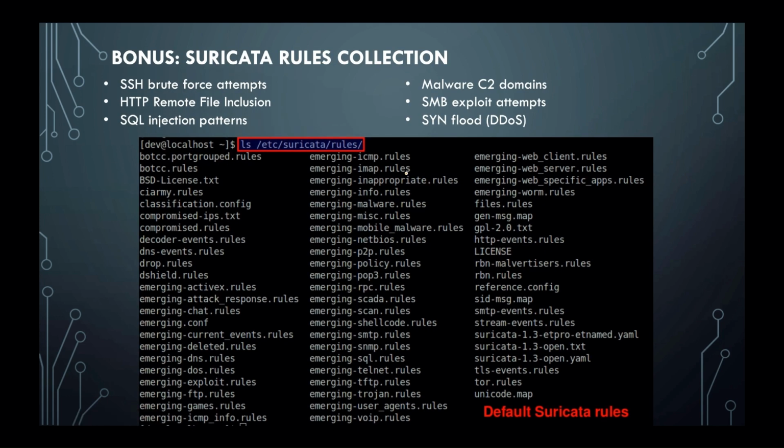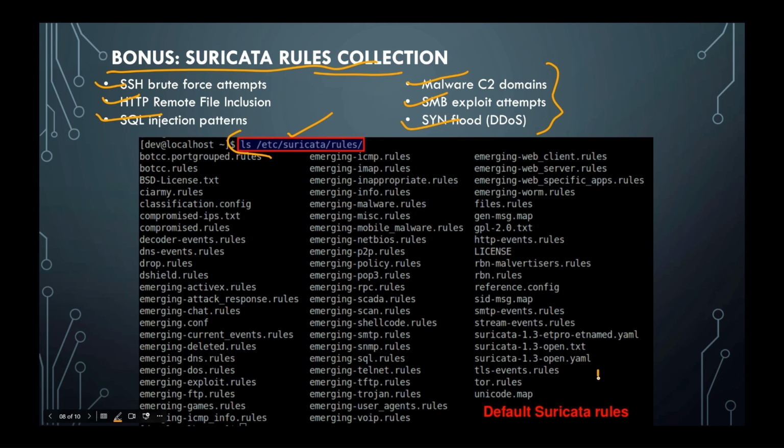Then Suricata rule collection. Suricata has inbuilt detection rules. So you can enable SSH brute force attempt, HTTP request, remote inclusion, SQL injection pattern, malware command and control domain, SMB exploit attempt, SYN flood for DDoS monitoring. You can go to this file path and see the rules that are available in your Suricata.